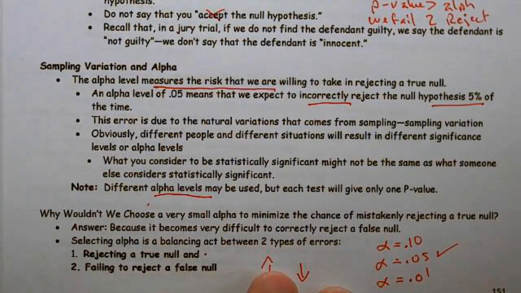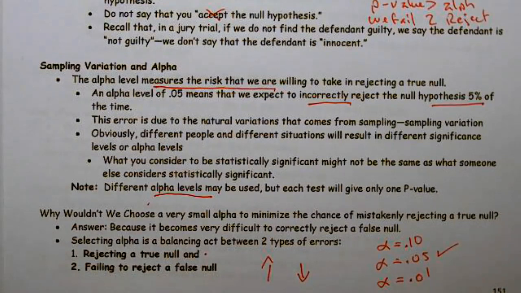And you're like, well, when might I want the bigger alpha? Well, if I'm looking to find a drug that's effective in treating cancer, I might be happy going, you know what, it's effective, and having a big alpha. Why?